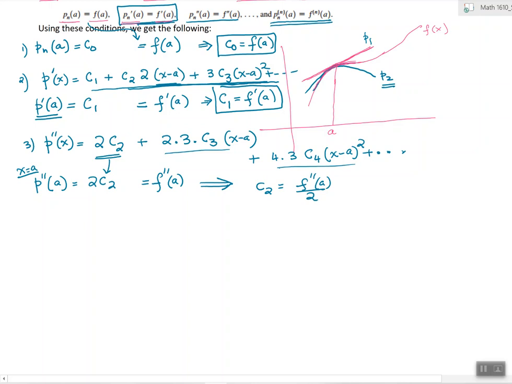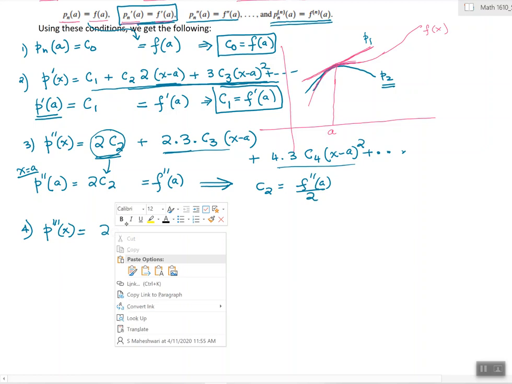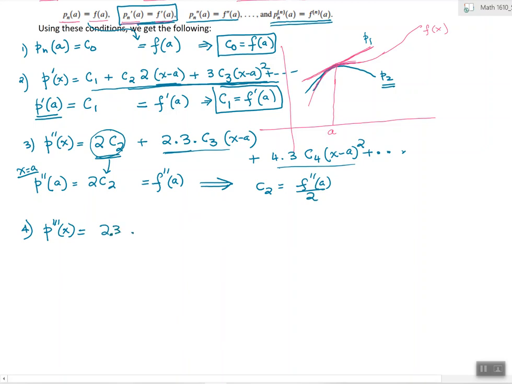Let's go once more. So now I'm going to take the third derivative of p. If I do that, this is going to give me 0. Here I'll get 2 times 3 times c3 plus 4 times 3 times 2 times c4 times (x minus a). This came from here, plus, and so on forever.